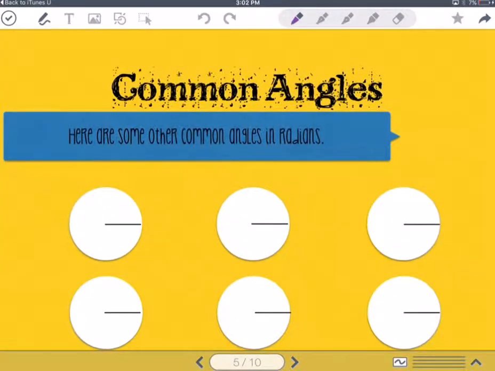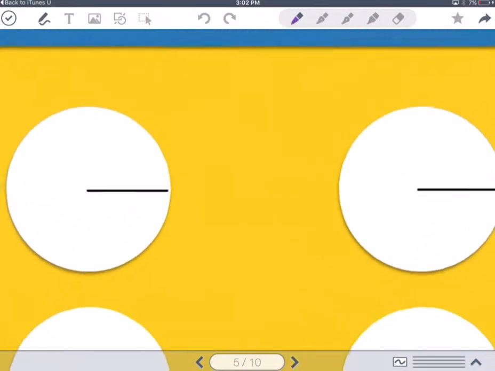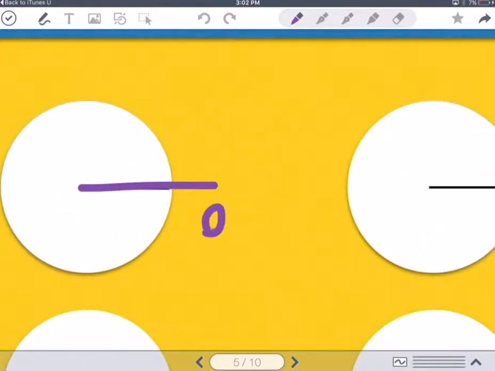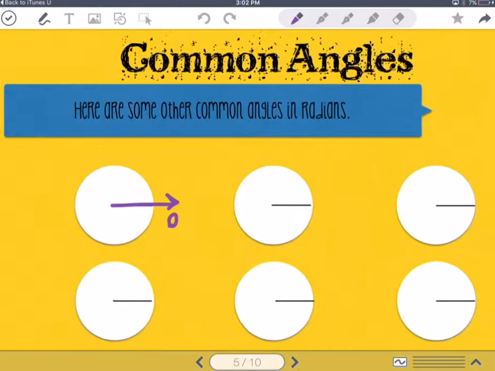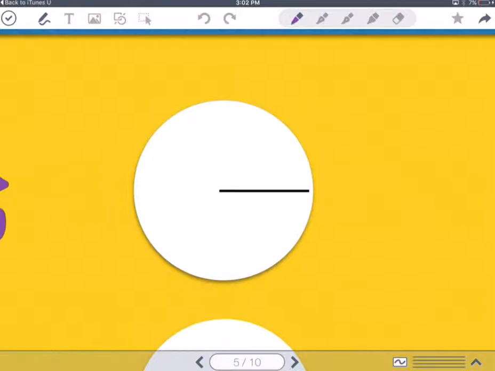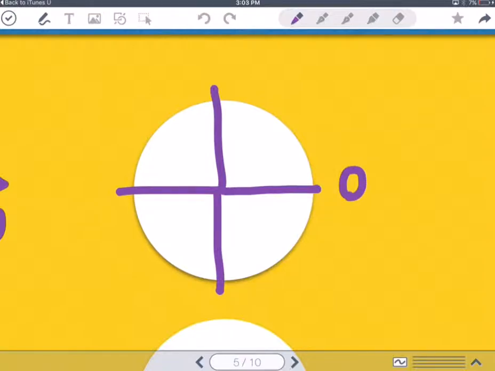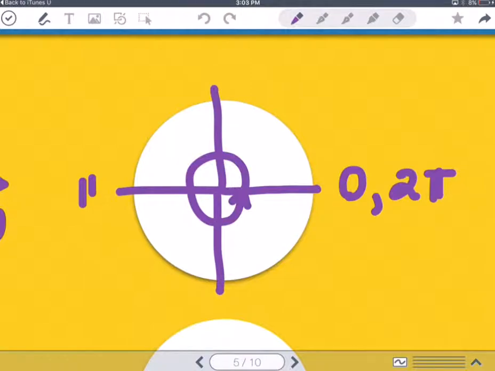So here are some common angles in radians. The first one is obviously going to be 0. Alright, so it doesn't move at any portion around it. The next one is if I split this into fourths. So 1, 2, 3, 4. So you would know it as 0, and then if it comes all the way around and is 2 pi, that means halfway around is pi.